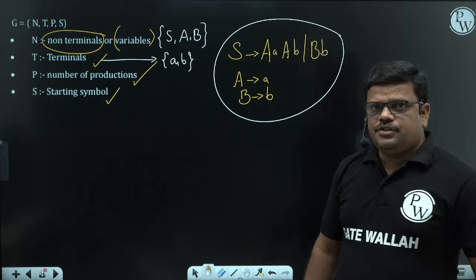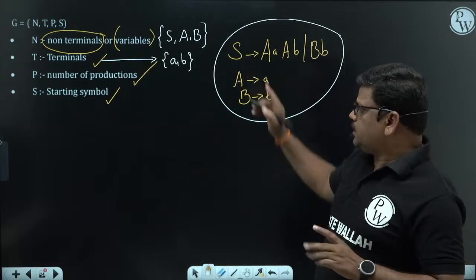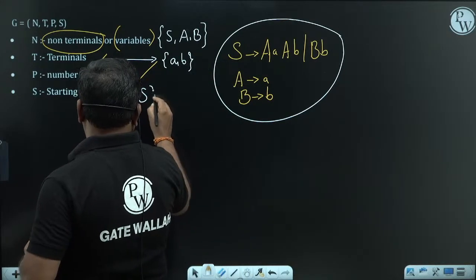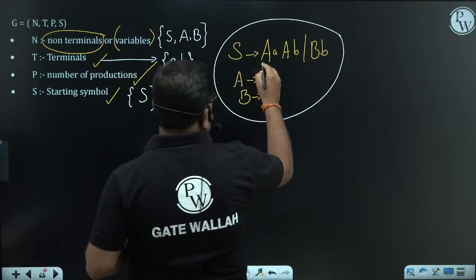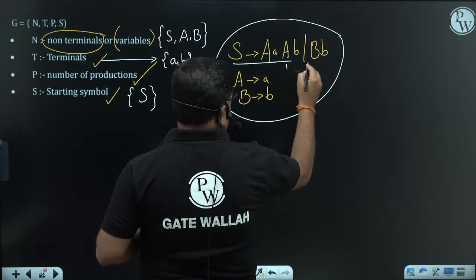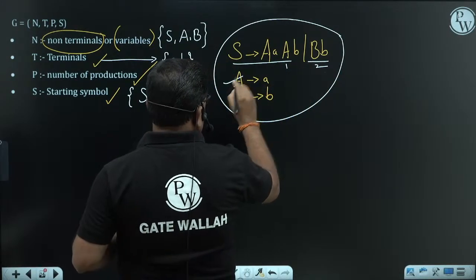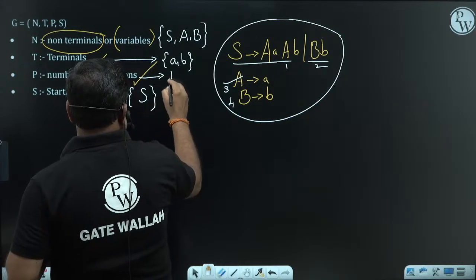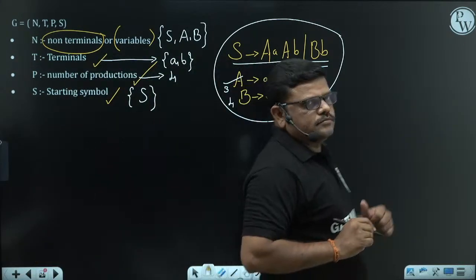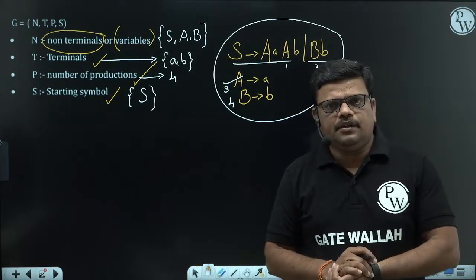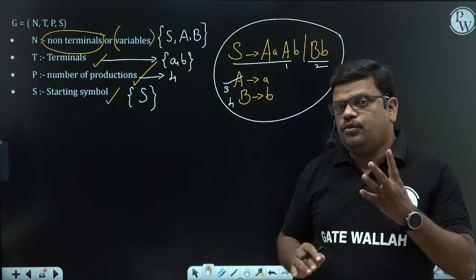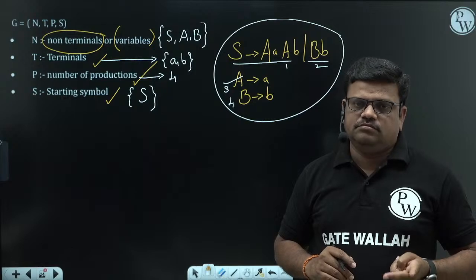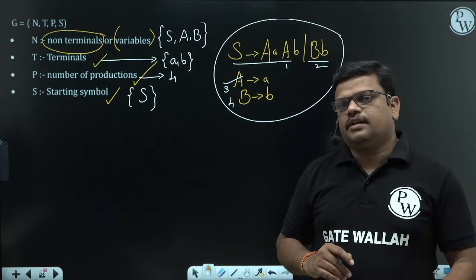Whatever exists first in the grammar, the first symbol, is the starting symbol. Here the starting symbol is S. The number of productions, counting the arrows: 1, 2, 3, 4. The total number of productions is 4.